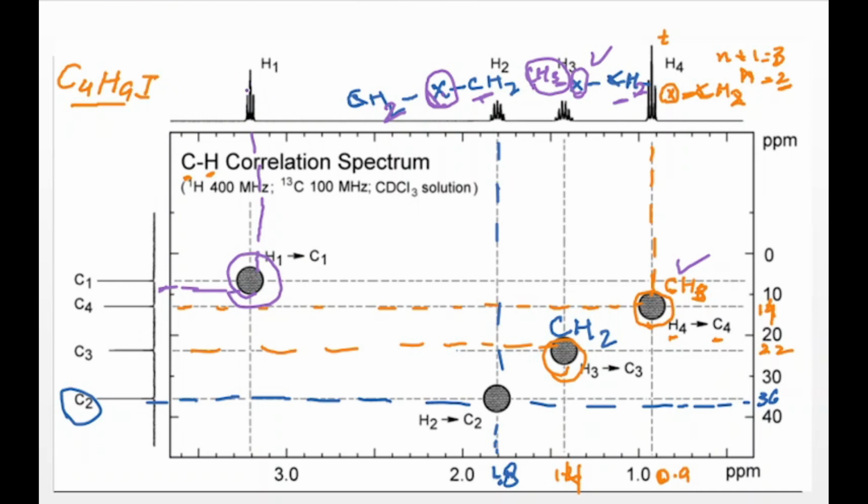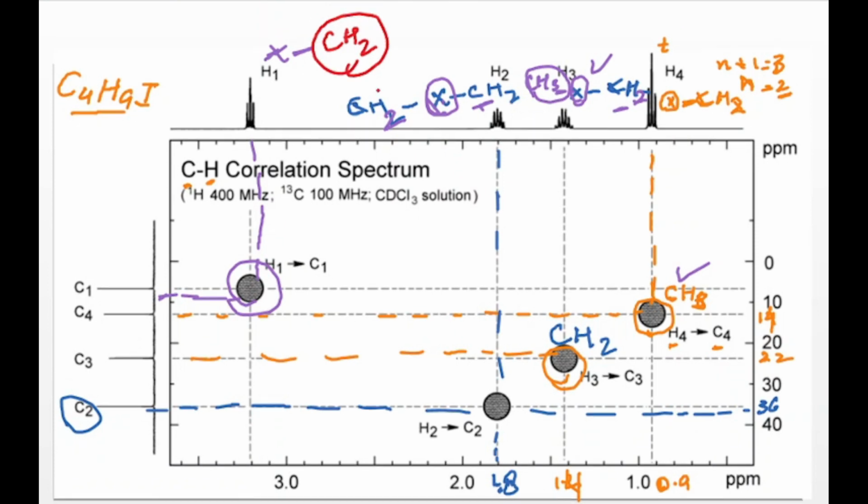As you may see here, if this is the X, it is related in the carbon NMR with the CH2. If I find this CH2 group with this X, that is the carbon NMR.